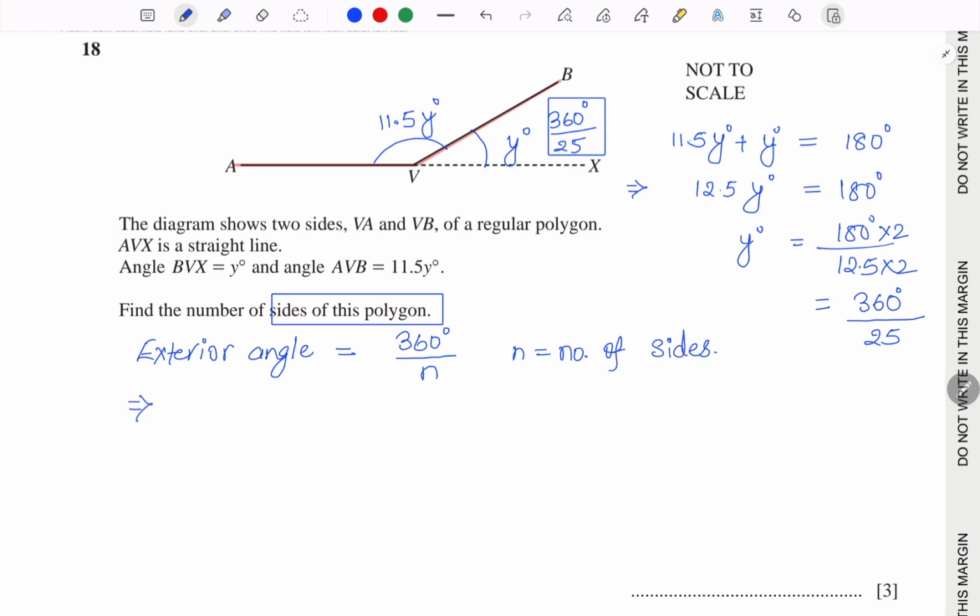Now this y is nothing but the exterior angle of this polygon. So 360 divided by 25 equals 360 divided by n. From here, I can clearly write n is equal to 25. So the number of sides of this polygon is 25.